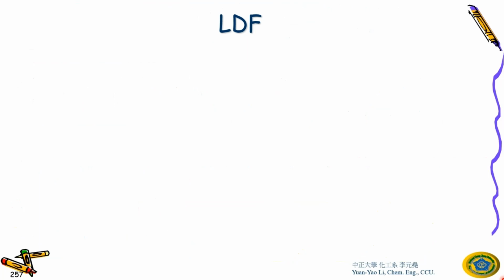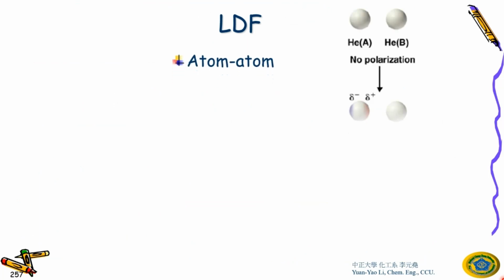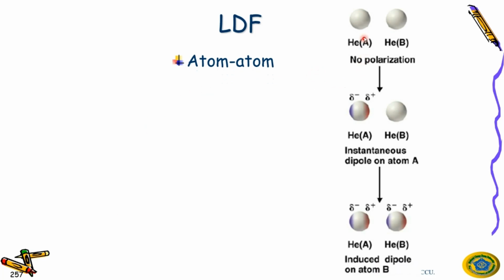So here I give you 2 examples of London dispersion force. For atom to atom, it's like helium. In the beginning, there is no polarization if they are very far from each other. Once they get close to each other, because of the distribution of the electrons, you have an electron depletion region and an electron-rich region.